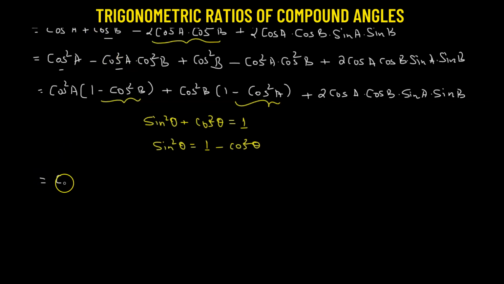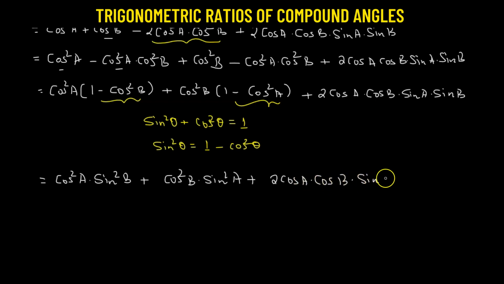So this means our expression will now become cosine squared A getting multiplied to sine squared B, plus we have cosine squared B multiplied to sine squared A, and we have the remaining term, which is 2 times cosine of angle A times cosine of angle B, sine of angle A times sine of angle B.